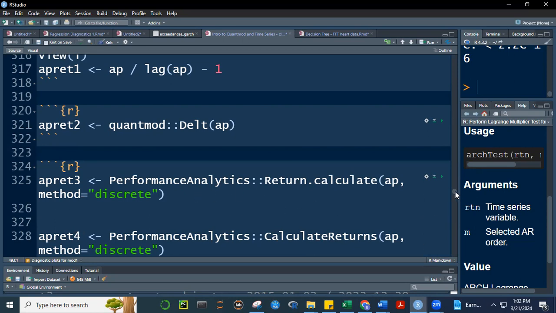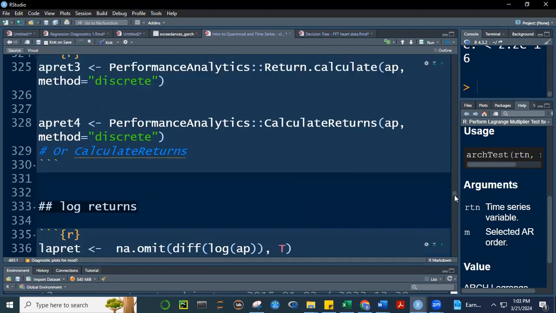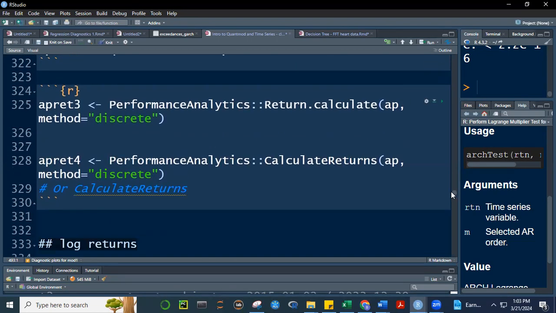So if we want to get the log returns, as in this case, I think we use the LAP-RET. So we learned several ways to do this. One is the return.calculate or calculate returns. Just make sure that the method is equal to log.